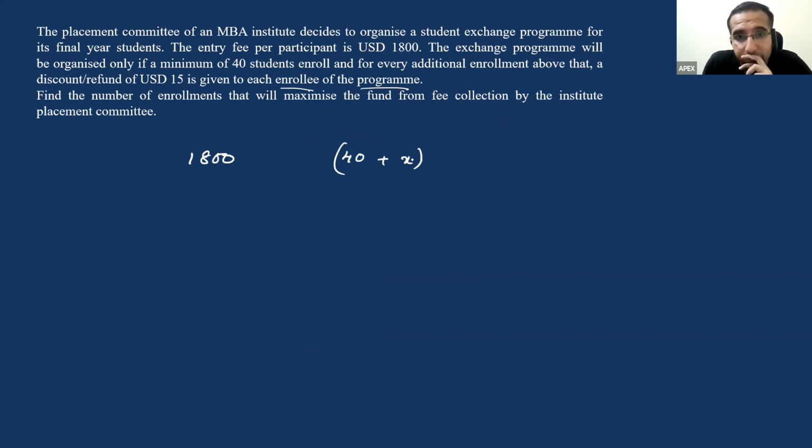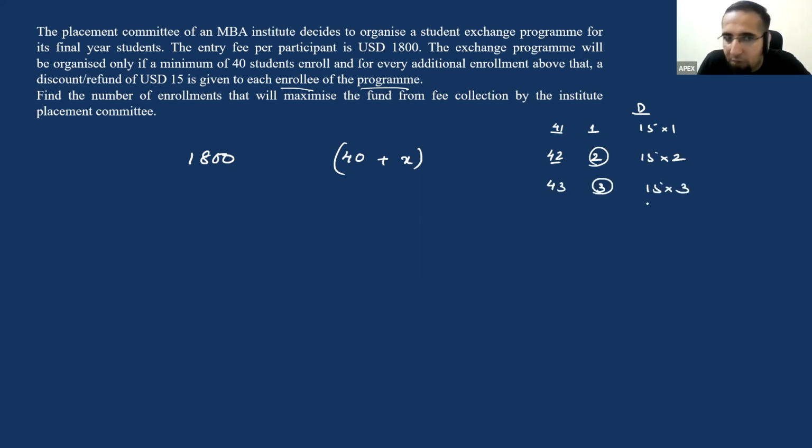Clear? That means if one extra student has joined, suppose 41, then the discount to each student is 15 into 1. If 42 have joined, that means 2 extra have joined, discount to each student becomes 15 into 2. If 43 students have joined, that is 3 extra students, discount to each student becomes 15 into 3.